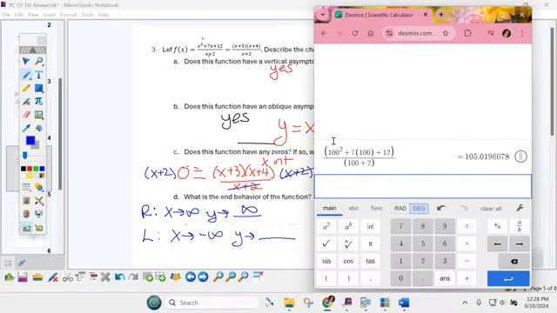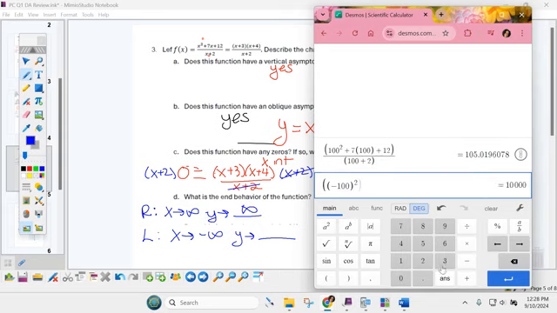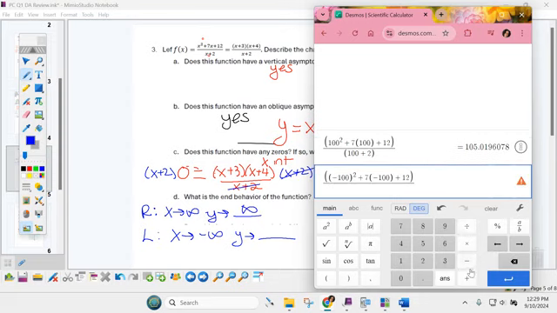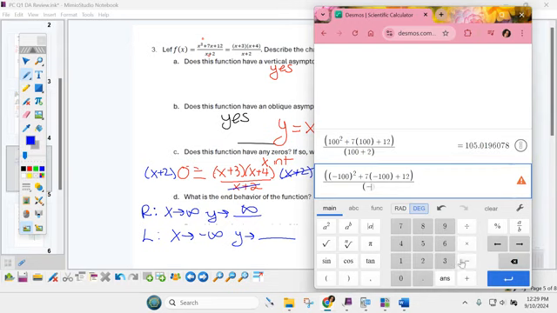Let's put in negative 100, excuse me. All right, parentheses, negative 100 squared plus 7 times 100 plus 12, divided by negative 100 plus 2.